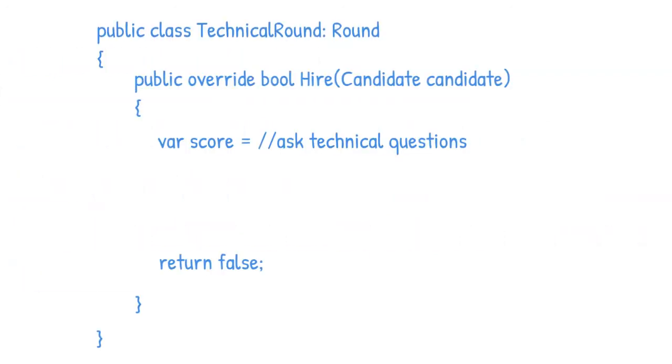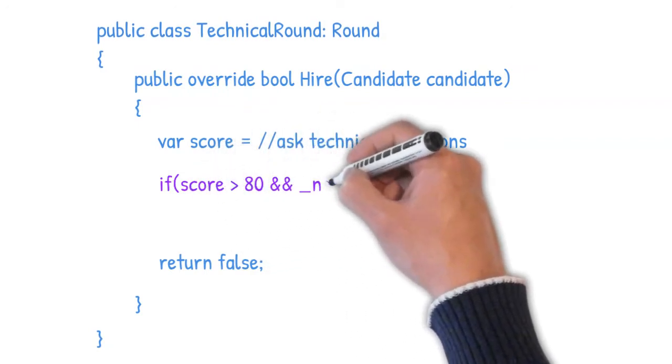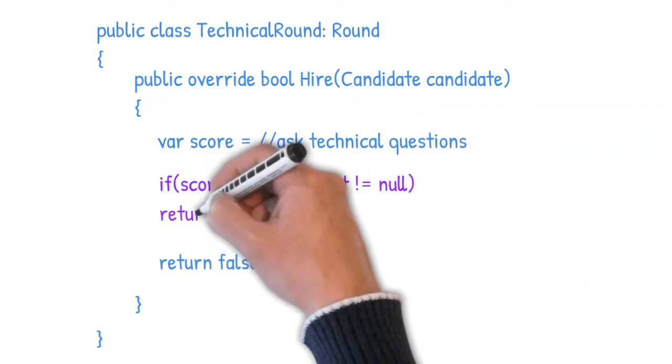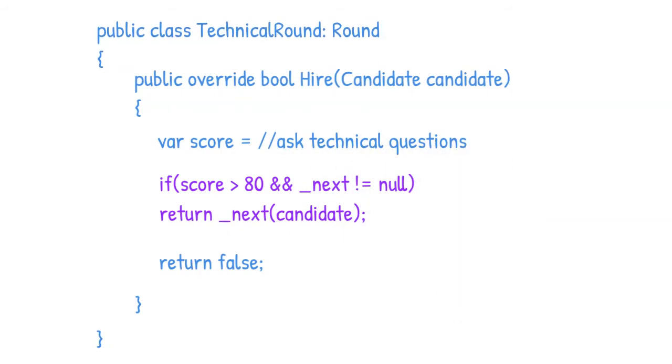With respect to this change, we'll now modify the technical round so that once the score is calculated, it will not exit, but if the score is valid and the technical round thinks that the candidate can be hired, it will check if any next round is available and accordingly execute the next round.